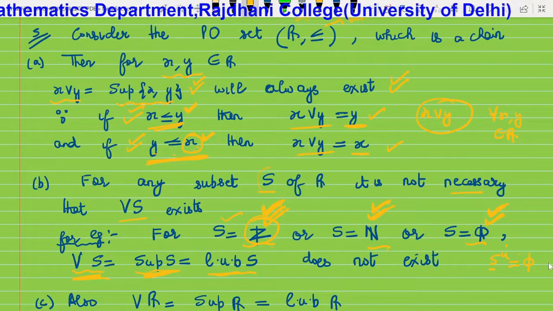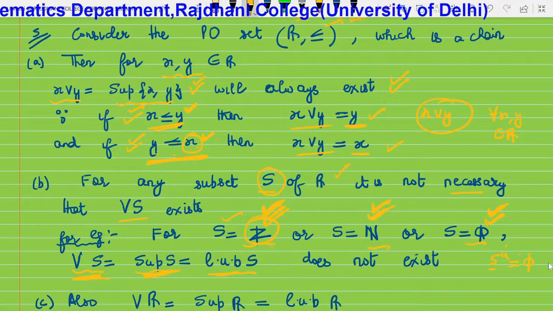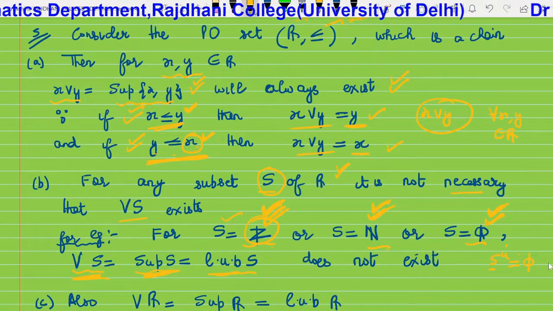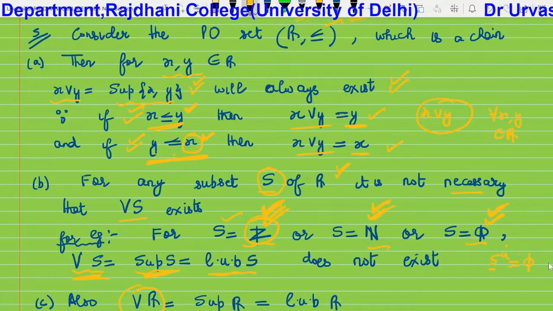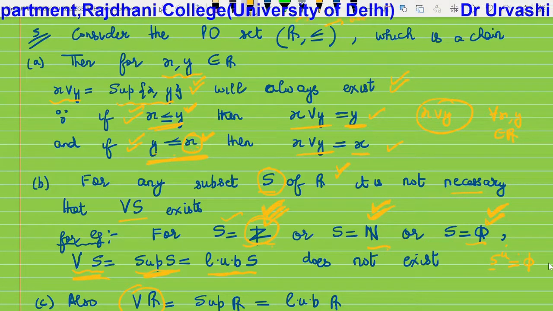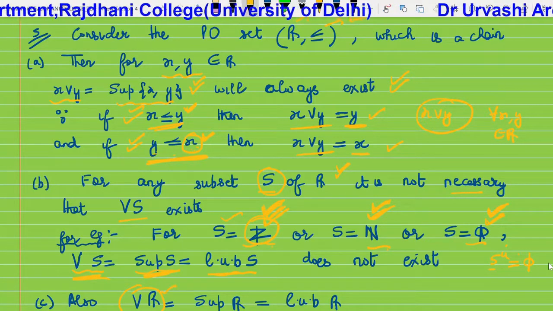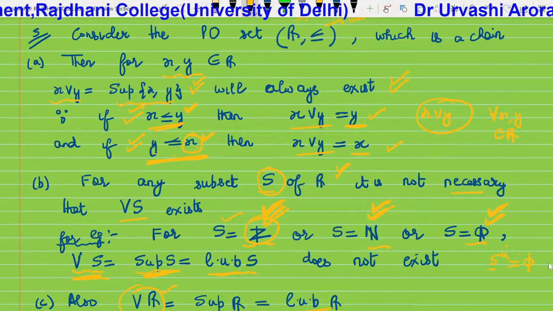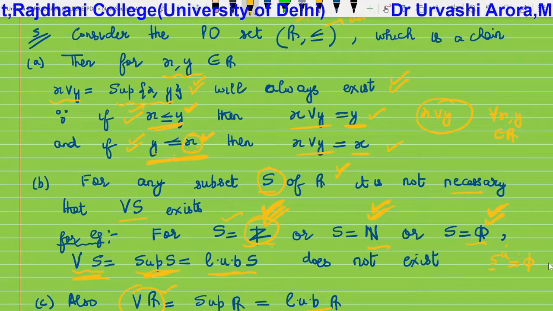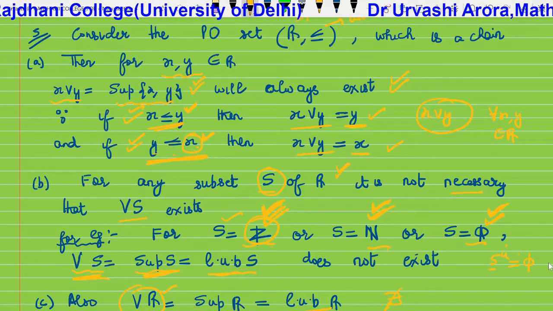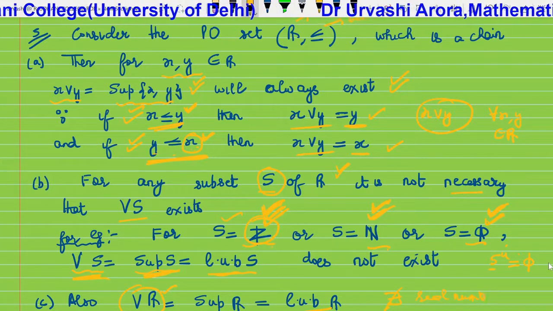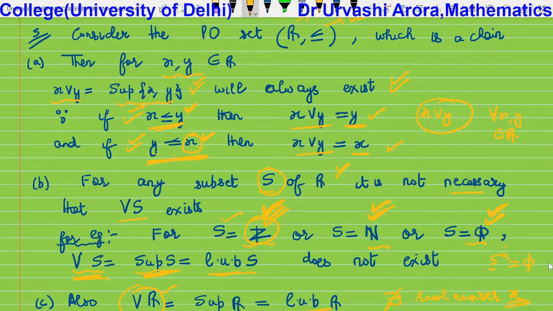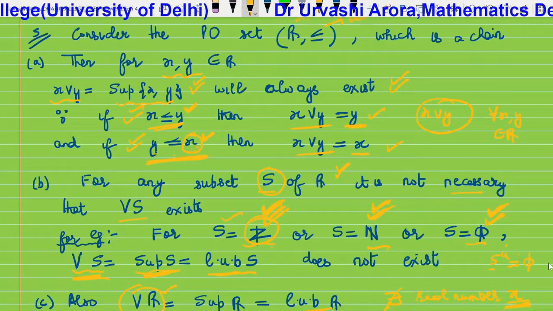So it is not necessary that if you take any subset S of R, the join of S will always exist. Again, if we try to find the join of the set of real numbers, the supremum of R, or least upper bound of R, this also doesn't exist for the same reason, because there doesn't exist any real number x such that all the real numbers are less than or equal to x.